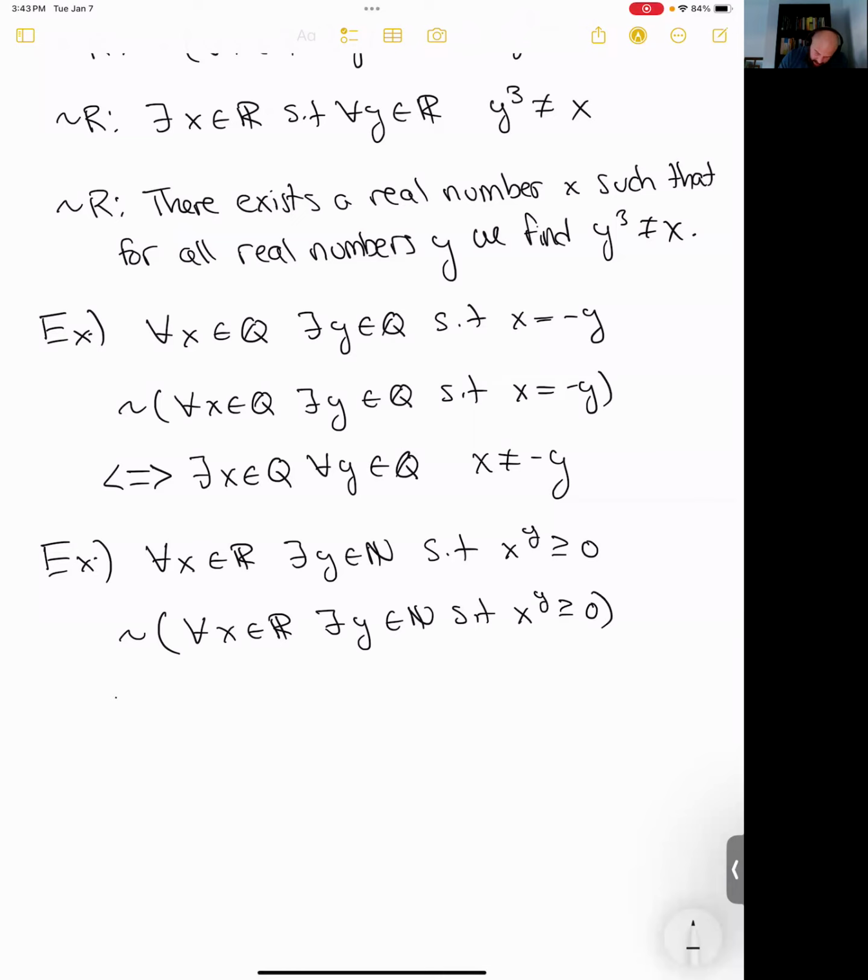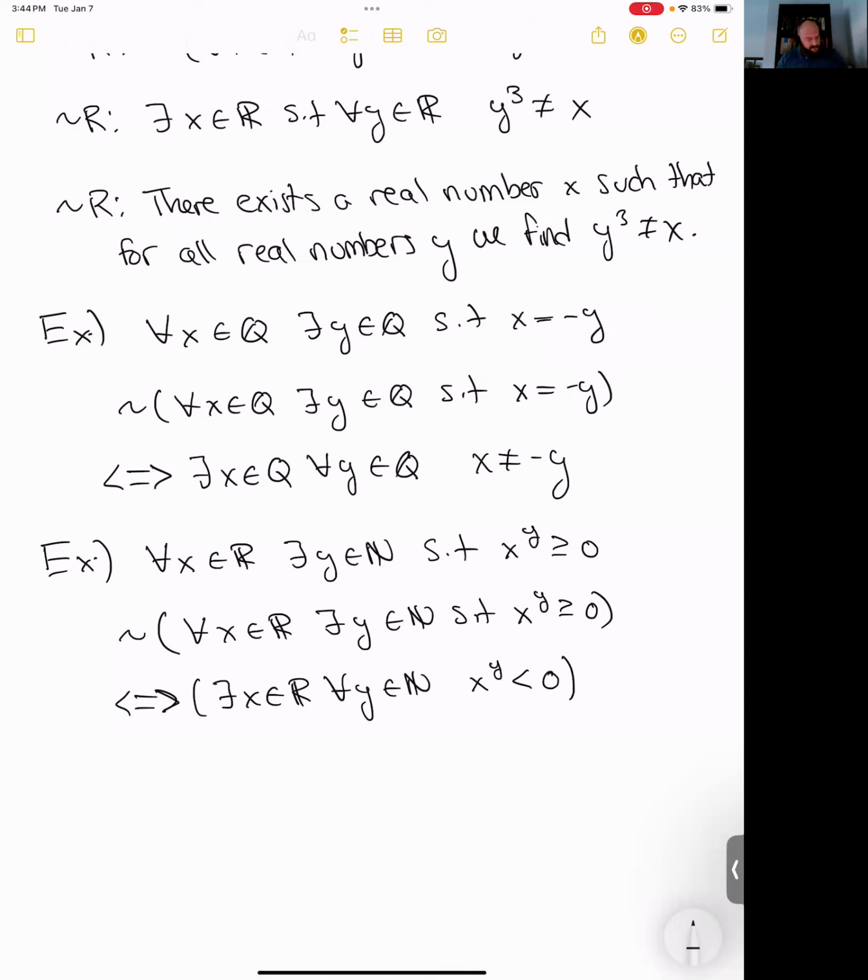And when I send the not through, this will be logically equivalent to the not of the for all becomes there exists. The not of there exists becomes for all. And the next part, when I negate the inequality, the greater than or equal to becomes a strict less than. So then such that x to the y is strictly less than 0.